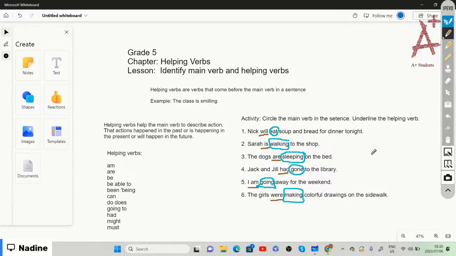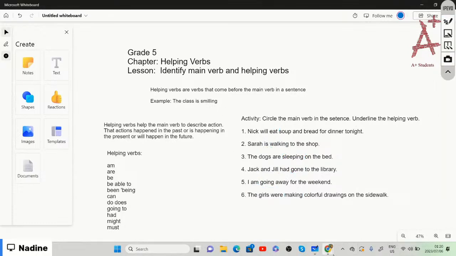And helping verbs help the main verb to describe action, either action that happened in the past, or action that is happening in the present, or action that will happen in the future, meaning it still needs to happen, right?